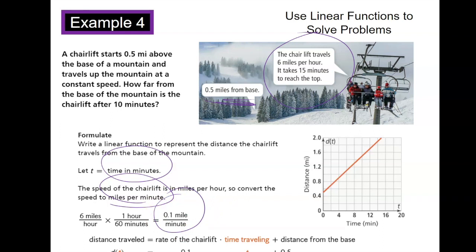The distance traveled, so d of t, equals the rate of the chairlift times the time in minutes, so 1/10 of a mile per minute, plus the distance from the base, which is like where our y-intercept is, because that's where it's already starting. It's not starting from 0, it's starting from half a mile out.